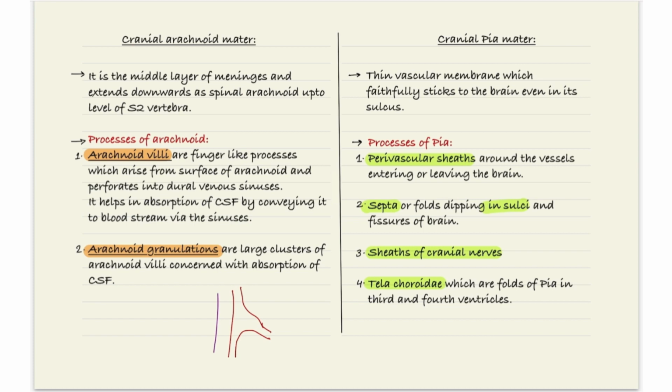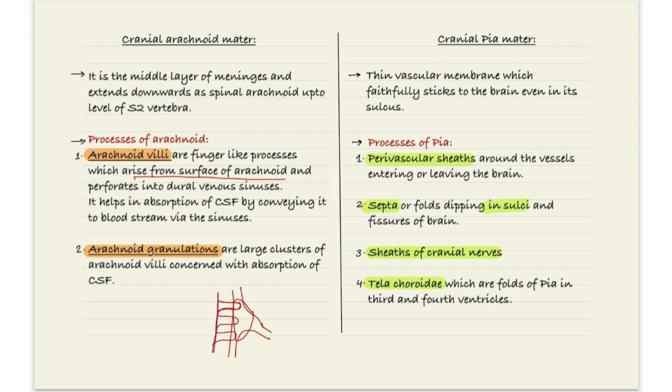So the arachnoid villi are finger-like projections which arise from the arachnoid mater and perforate the dural venous sinuses. These are the venous sinuses, and it helps in absorption of the CSF by conveying it to the bloodstream via the sinuses. What are arachnoid granulations? They are large clusters of the arachnoid villi concerned with the absorption of CSF.